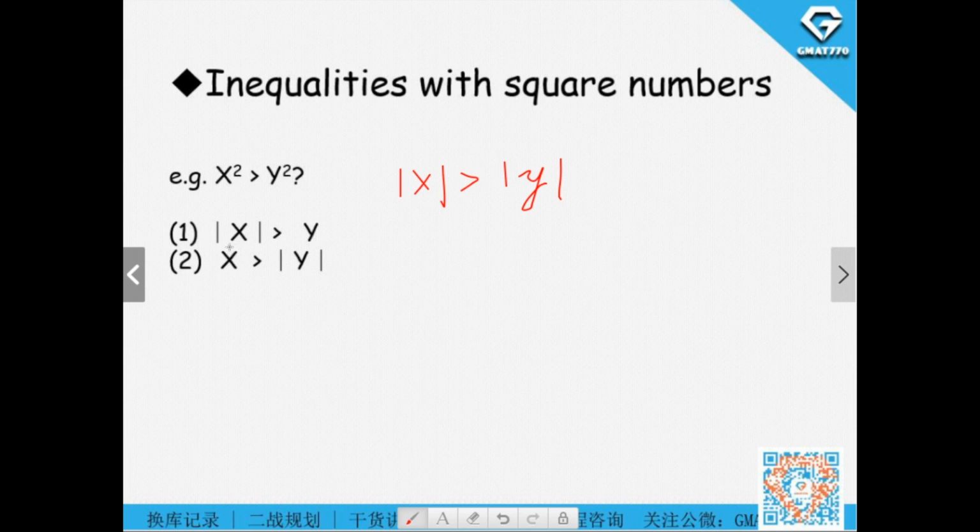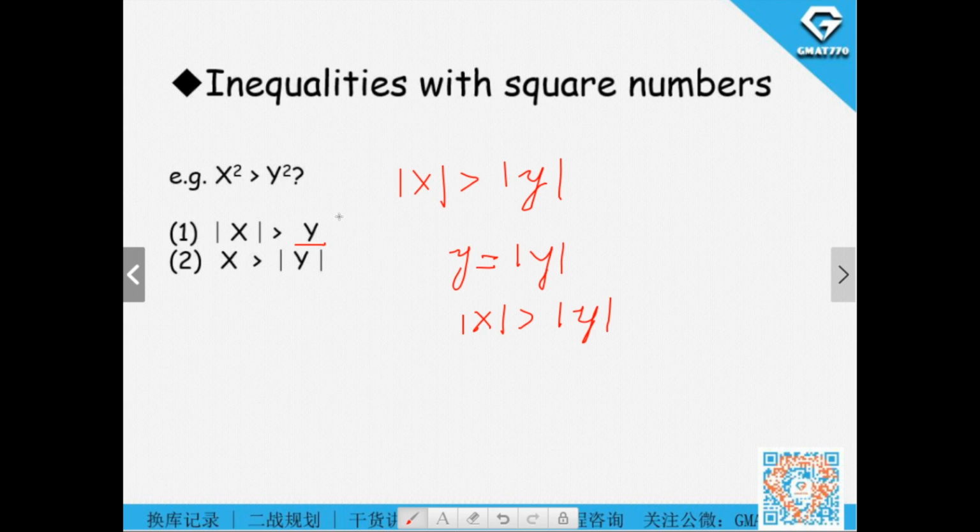Statement 1 tells us that the absolute value of x is greater than y. But actually in statement 1, we cannot determine whether y is positive or negative. For example, if y is positive, then y is equal to the absolute value of y. So in this way, we can get that the absolute value of x is greater than the absolute value of y.